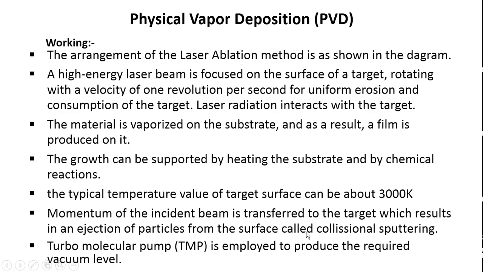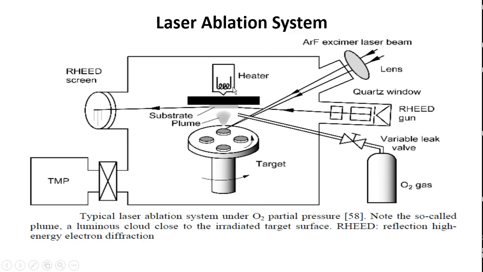The heater provided here makes this reaction very easy. The production of the nanolayer will be very fast by heating the substrate to a certain extent. Also, a chemical reaction takes place so that the plume is deposited in a fast manner, and layer formation is very fast.